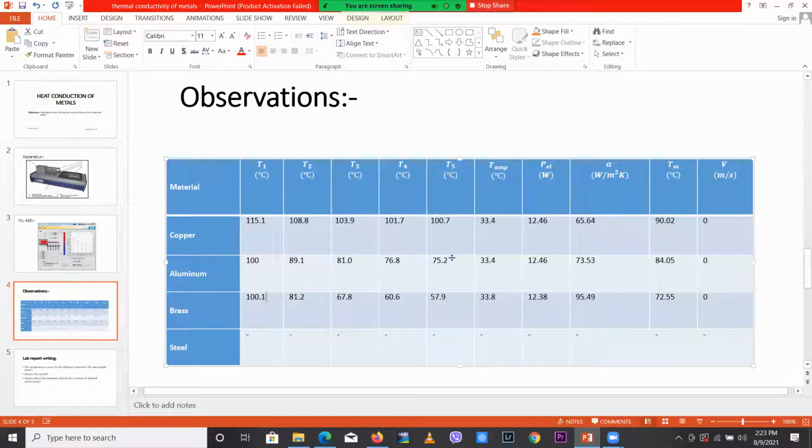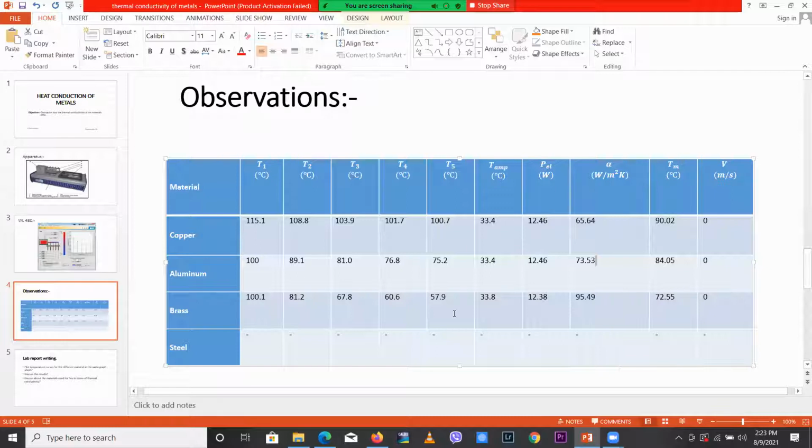The T5 will be 75 for the aluminum, and T5 will be 57 for the brass. Why it is very low is because it has high thermal resistance, 95, higher than the aluminum and copper thermal resistance. Therefore there is a big difference in temperature change.